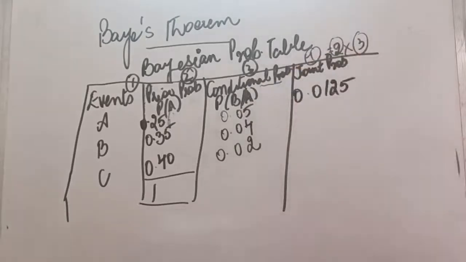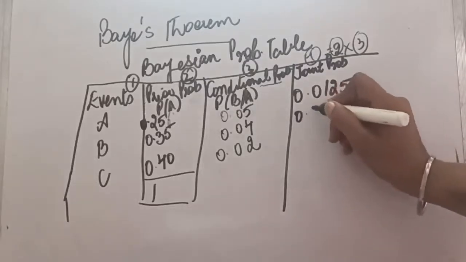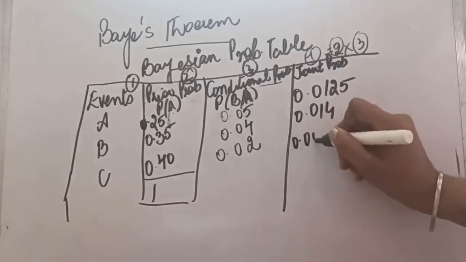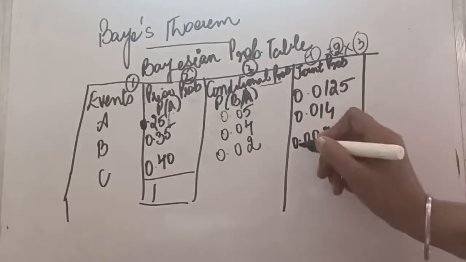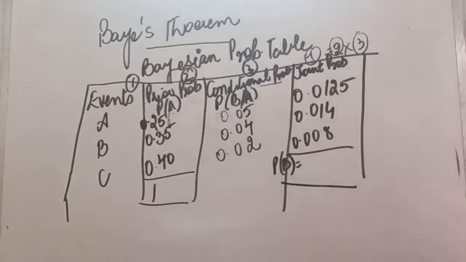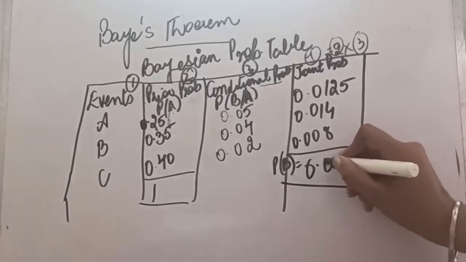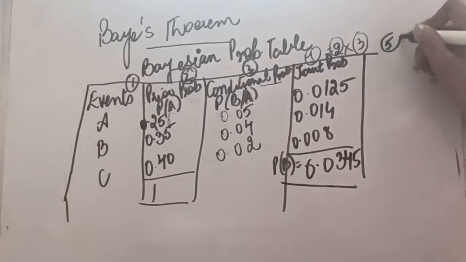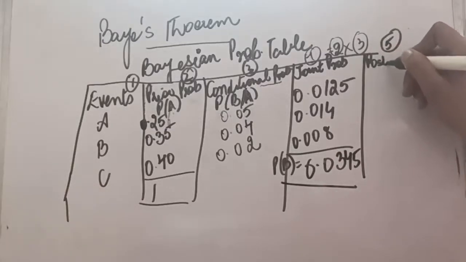Next is 0.35 into 0.04, that comes out to be 0.014. And the last is 0.40 into 0.02, it comes out to be 0.008. So we will do its total. It will be denoted with P(B). Adding this, we will get 0.0345.